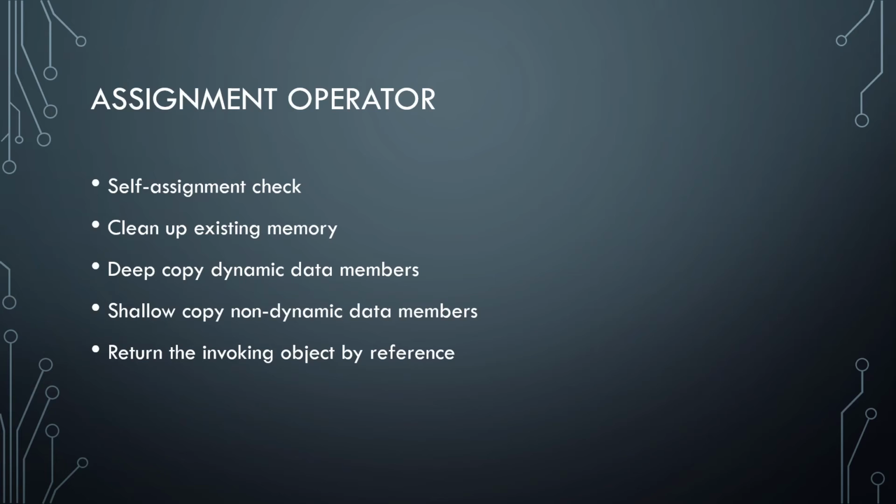After we've done our self-assignment check, we need to clean up existing memory, because we're dealing with an existing object that has already had new called on it at least once within the object. So we need to clean up that memory before we go in and do our copies of our data. Again, deep copying anything that's dynamic and shallow copying the other data members. And then at the end, we would return the invoking object by reference, which would allow us to daisy chain assignments just like any other type of assignment.